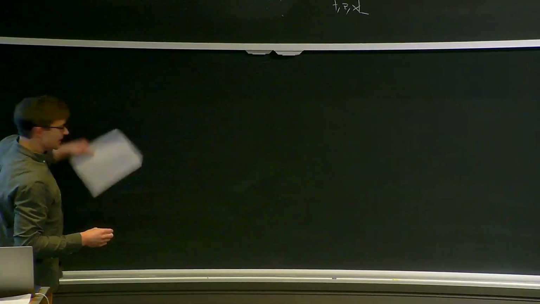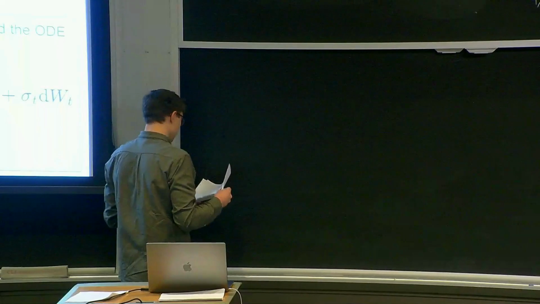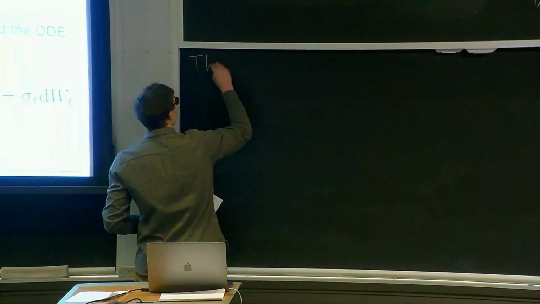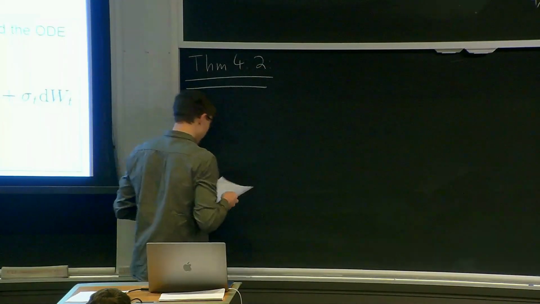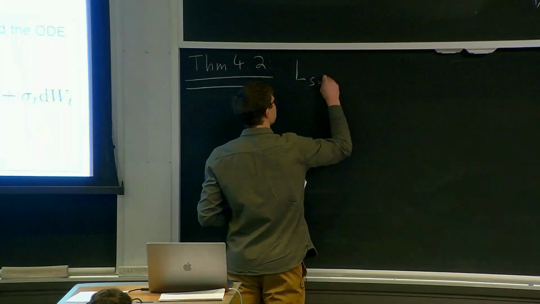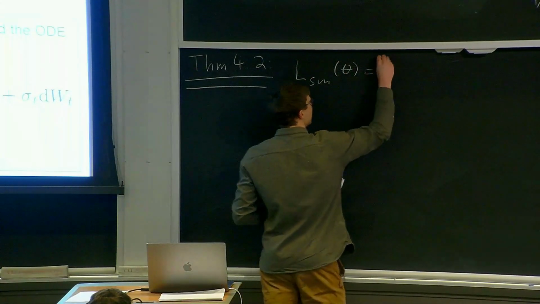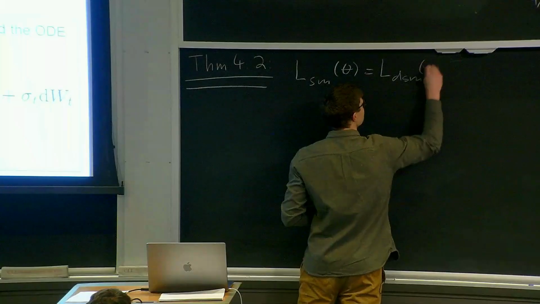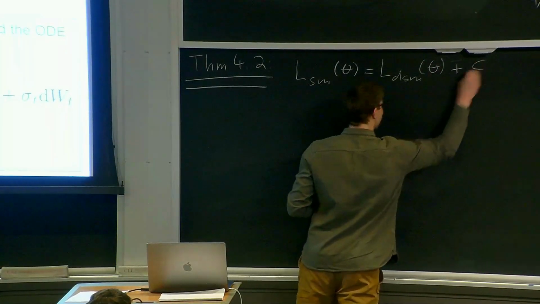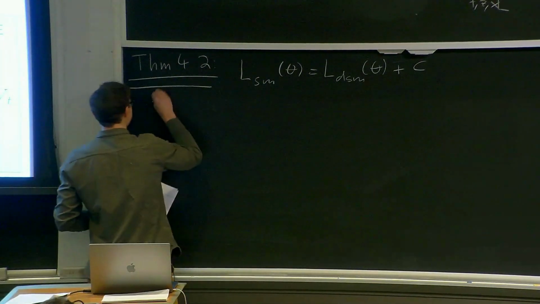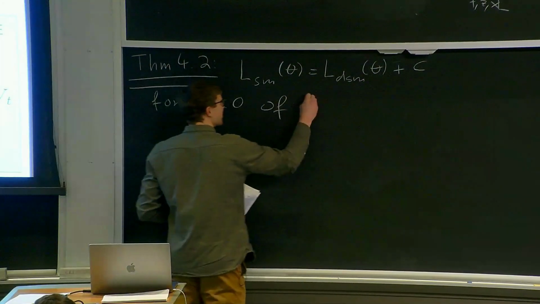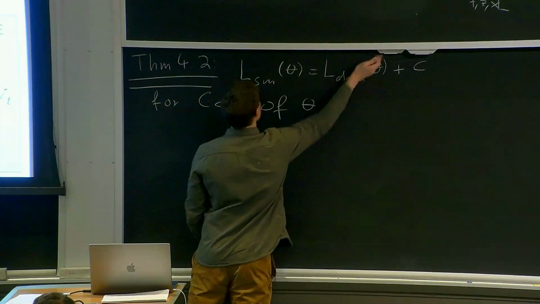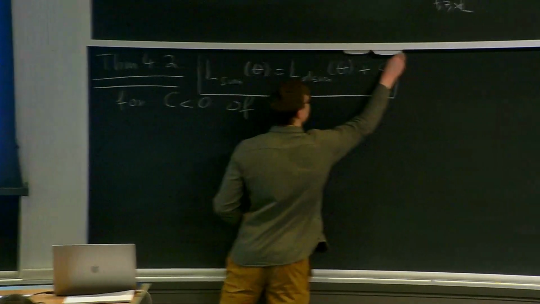And now, same exercise. Which is the next theorem. Score matching loss equals denoising score matching loss up to a constant. And now this constant is truly negative. So same thing as before, the same exercise holds.